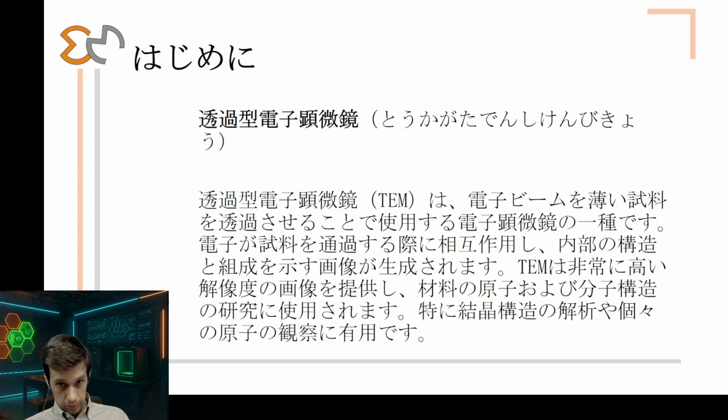These electrons that traverse the sample are the ones that generate the image. This is very good for the same things. We can observe some morphology, but also we can analyze the crystal structures, and we can even see individual atoms.